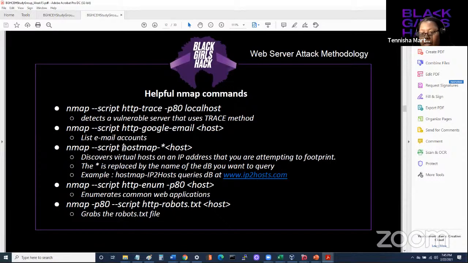So you should know, for example, that dash A gives you the operating system, the traceroute, the banner grabbing, all of those things, but it's not the most effective. It's not the quickest. You should know that there are dash T flags, which go from 0 to 5, where 0 is the slowest and 5 is the fastest. And the default, I think, is either 3 or 4.